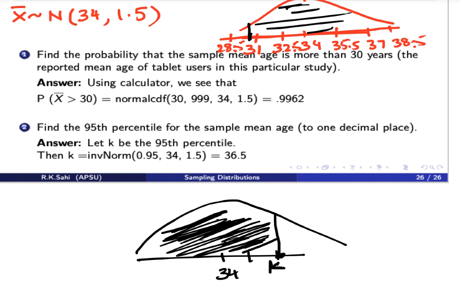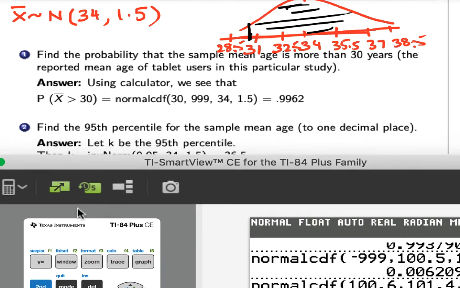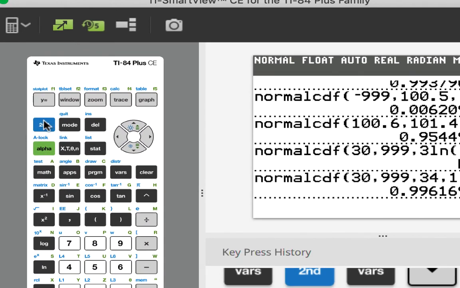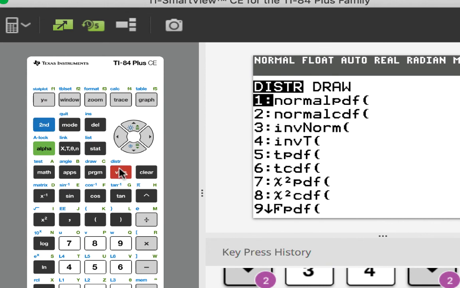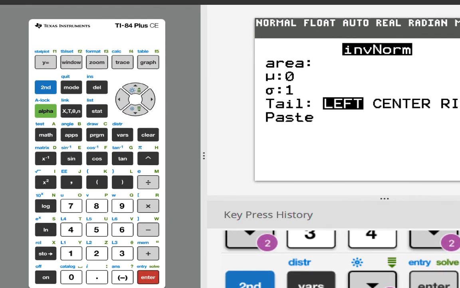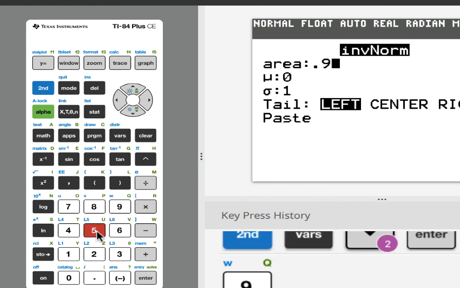So let's go ahead and plug in our calculators. Okay, so second, then take your cursor to number 3, press enter. Now the area is 0.95, because the 95th percentile means 0.95.